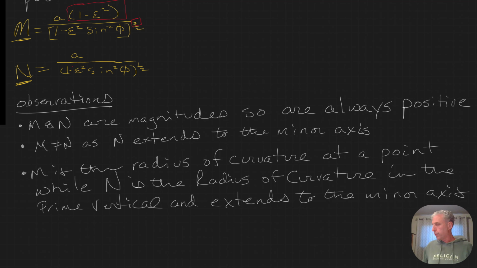Let's see, further, we can say m is less than or equal to n everywhere, and m equals n only at the pole.